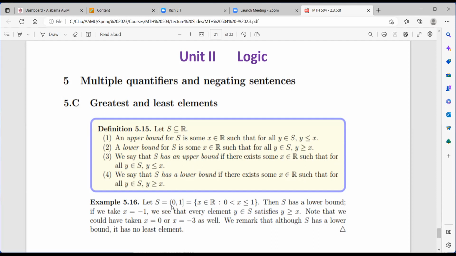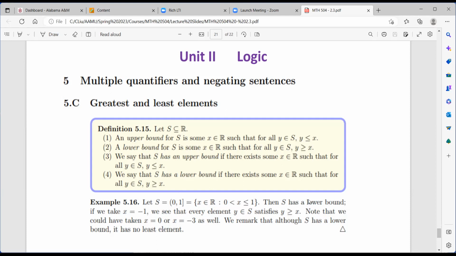So we have open interval at 0 and the closed bracket at 1. You can also write in set notation instead of interval. So that means x is a real number such that it's greater than 0 and less than or equal to 1.